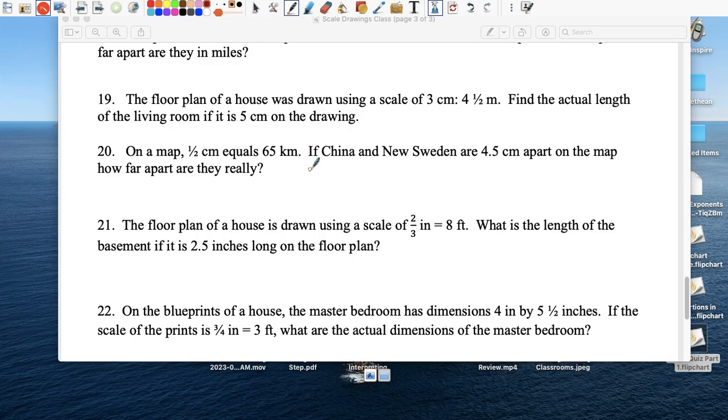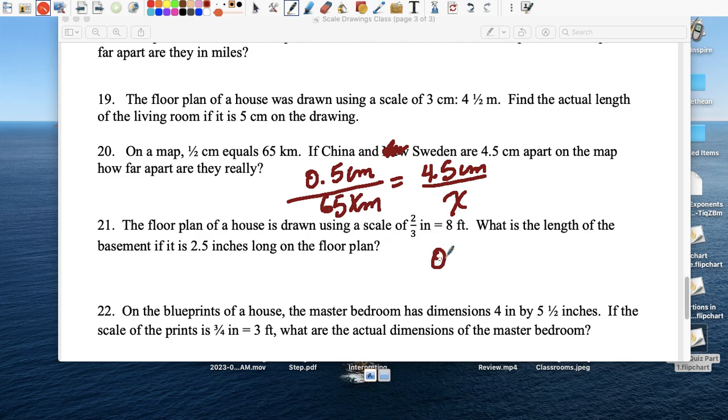Again, 0.5 centimeters on the map is equal to 65 kilometers in real life. So China and New Sweden, if they're 4.5 centimeters apart on the map, how many kilometers are they apart in real life? Cross multiply, 0.5x equals 65 times 4.5, which is 292.5.